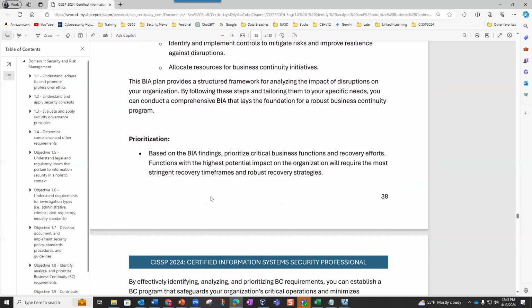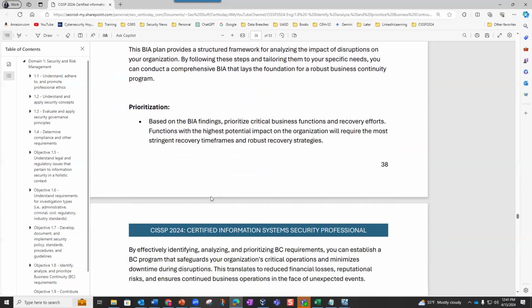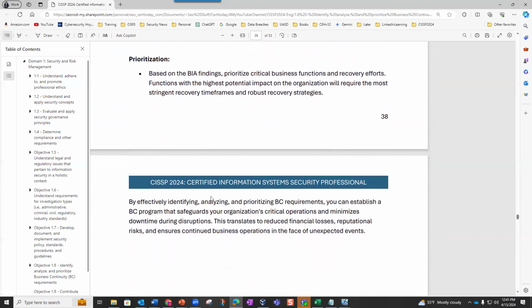Prioritization, really important. Based on the BIA findings, prioritize critical business functions and recovery efforts. Functions with the highest potential impact on the organization will require the most stringent recovery timeframes and focus and robust recovery strategies.